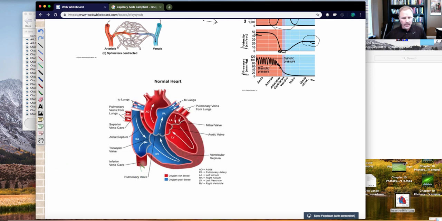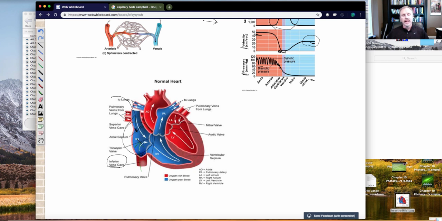I'll just stick with the black. We talked about the blood coming in through the inferior vena cava, okay, and then it enters this right atrium here, and then it's also coming in from the superior vena cava, okay, so the inferior vena cava is returning blood from the bottom portion of the body, the superior vena cava from the upper portion of the body, and they go into the right atrium.